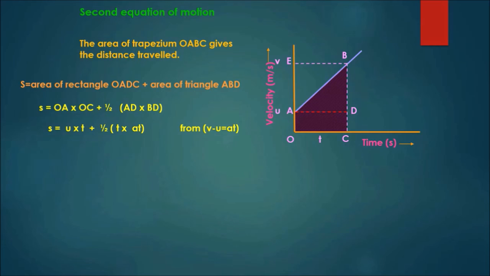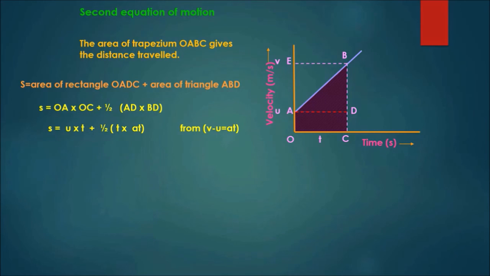BD is rewritten as at from equation v minus u is equal to at. BD is same as AE, which is v minus u, that is final velocity minus initial velocity.